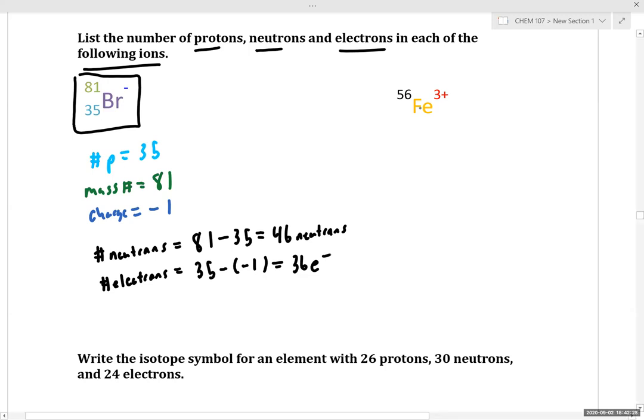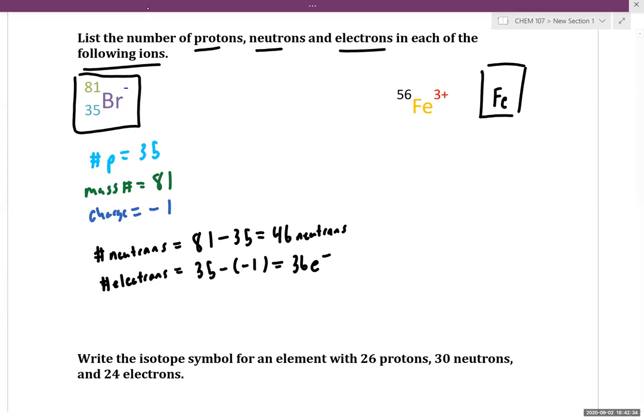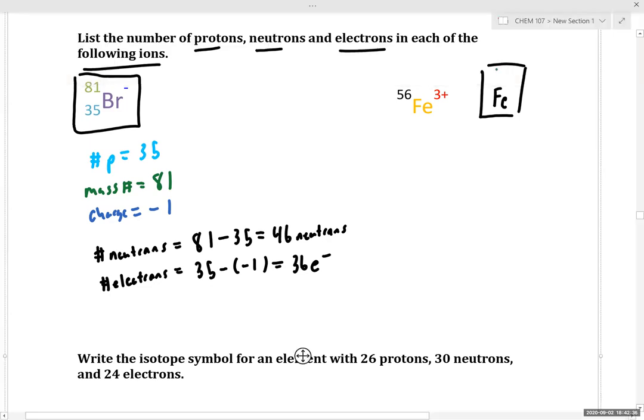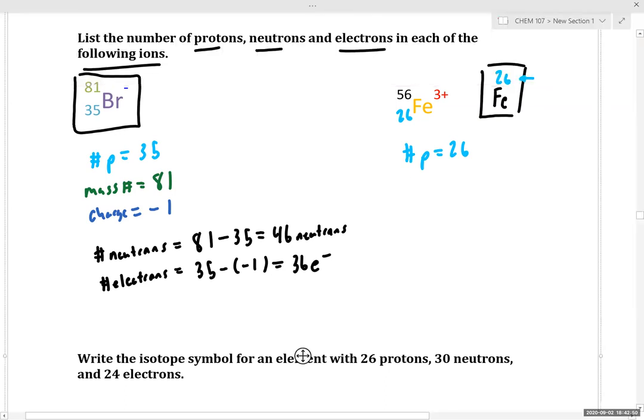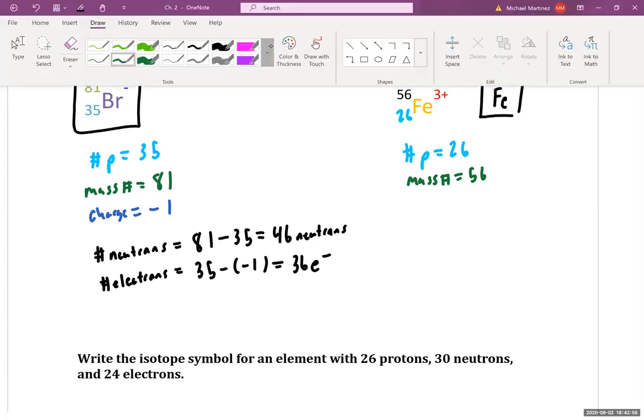So let's look at this example where we have iron 56, 3+. If we look at iron in the periodic table, as we've seen in earlier examples, iron has an atomic number of 26. So our number of protons is equal to 26. The mass number is 56.